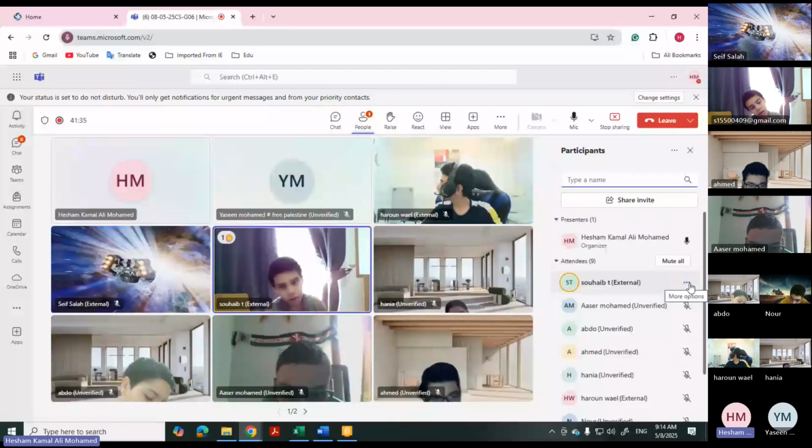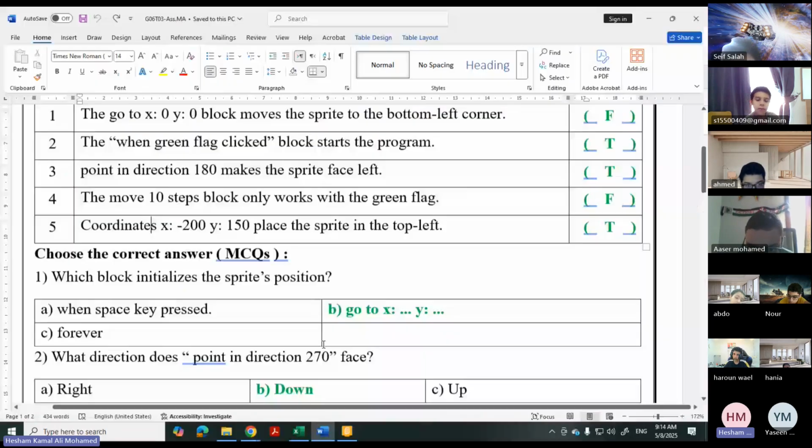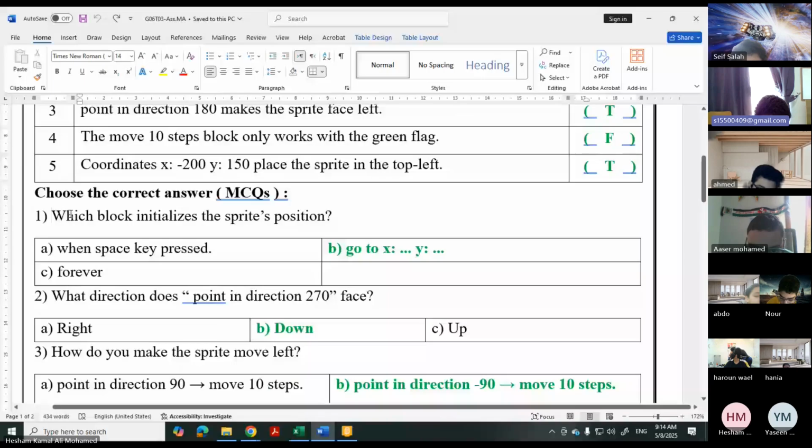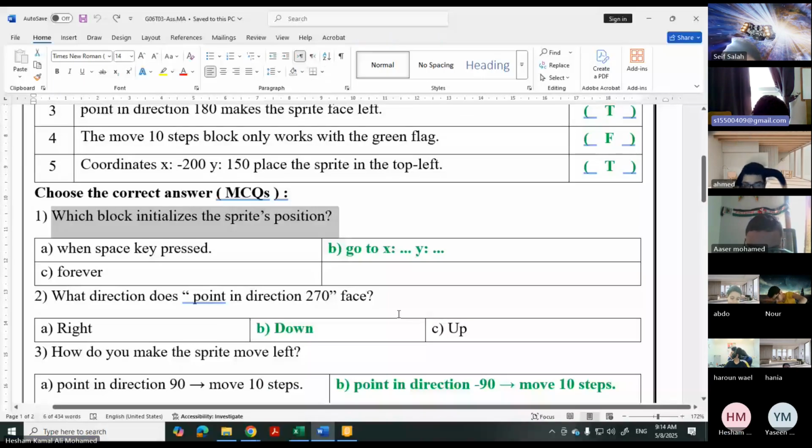Here, can you read number 1? Number 1, which block initializes the sprite's position? Which block puts the sprite in its position?